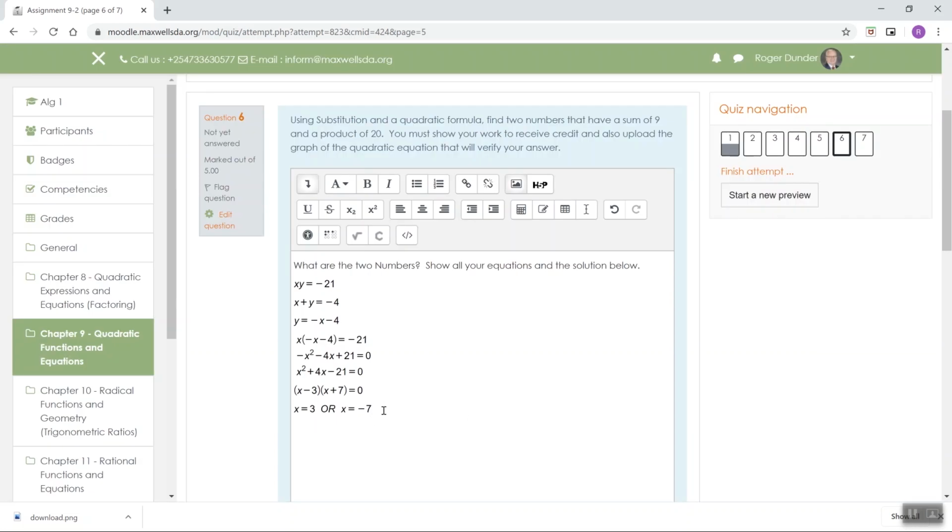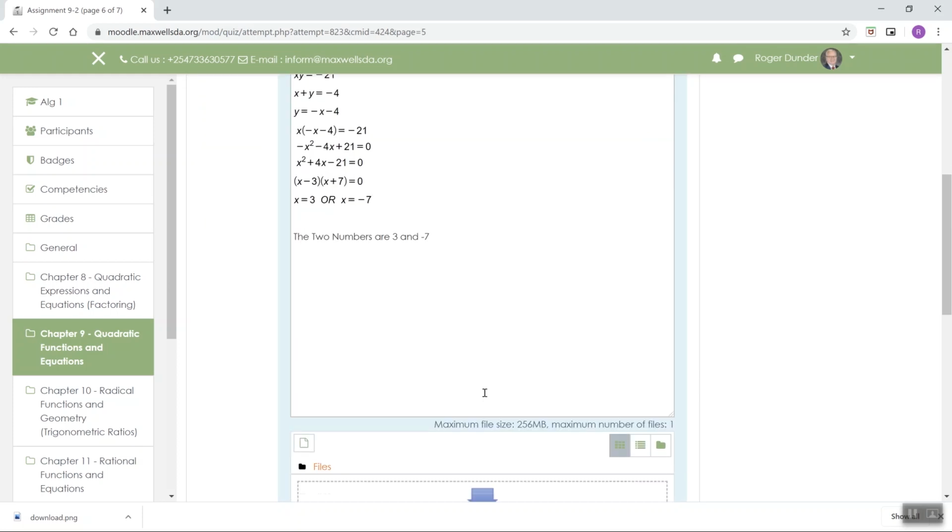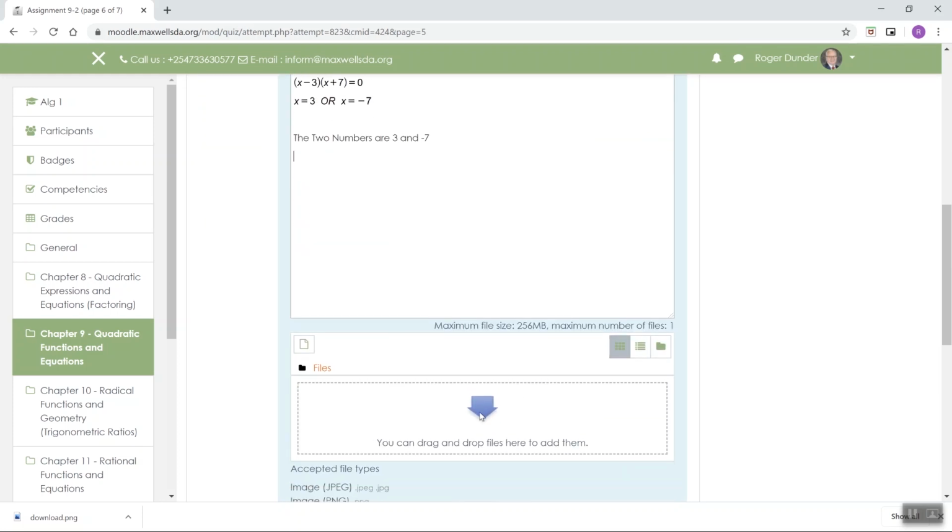So what are the two numbers? The two numbers are 3 and negative 7. There you go. So that's how you would do that in MathType. Down here now, we would like to bring our file.